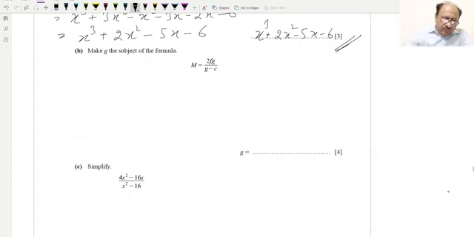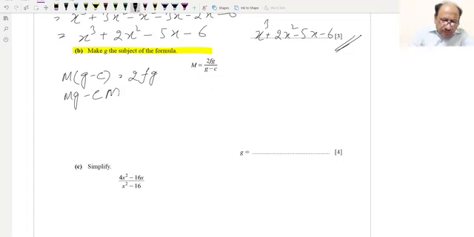Very simple, straightforward. And the B part is also making subject, and we have to just make G the subject. To get rid of this one, we will cross multiply, and M will be cross multiplied by G minus C is equal to 2FG, so we can write MG minus CM equal to 2FG. Further we can shift this 2FG to this side and CM to the other side.